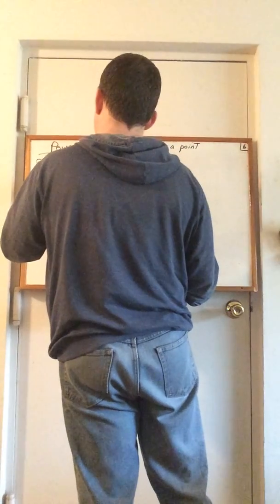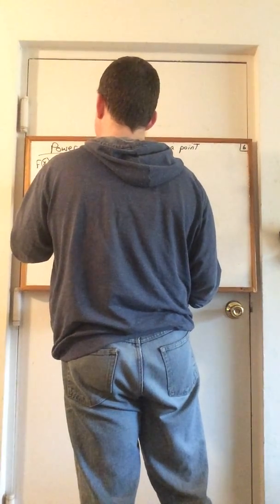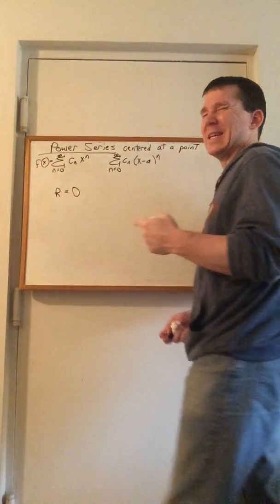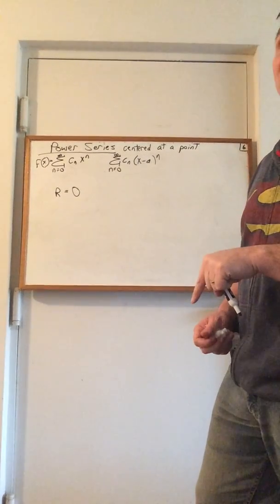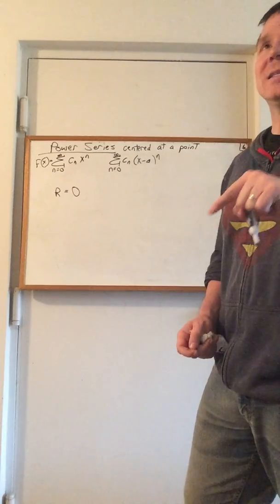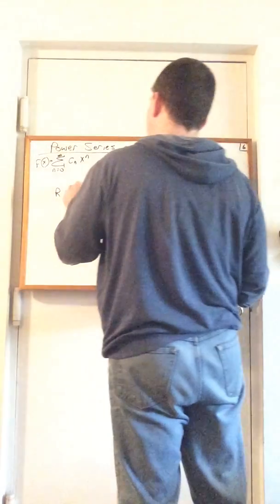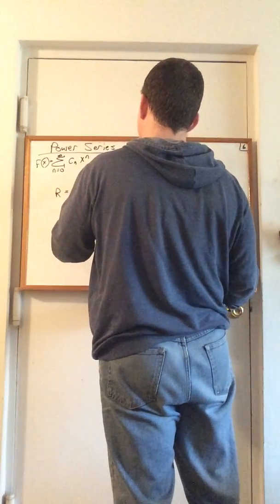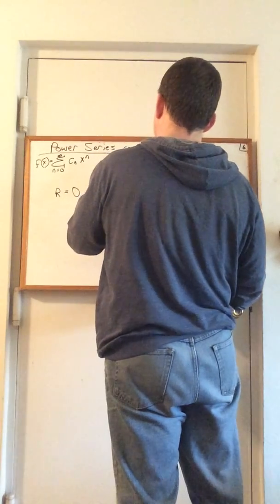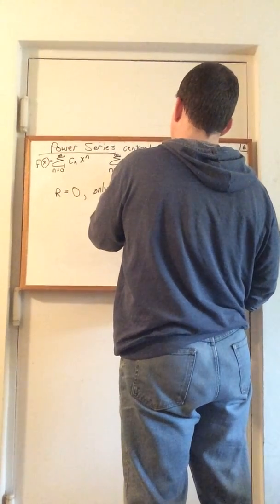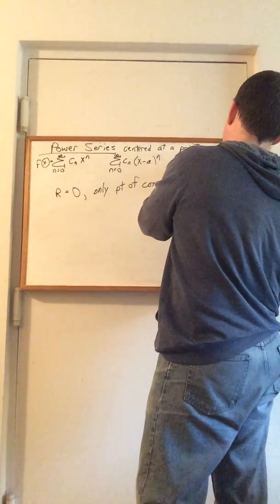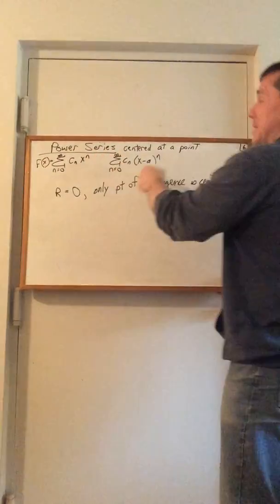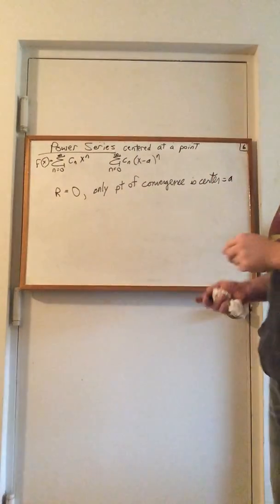Either your radius will be 0, and keep in mind here, your radius being 0 means the only place you get convergence is the center, which in this case, using this terminology, is a.